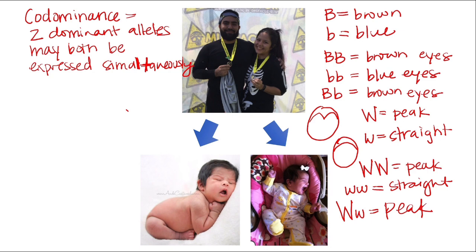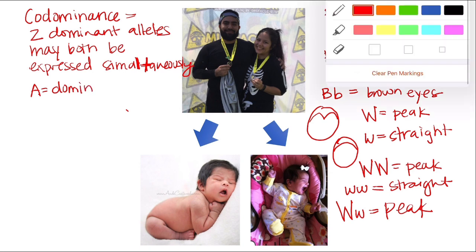So, with codominance and with blood typing, A is a dominant allele. Actually, and I'll do it this way, actually.